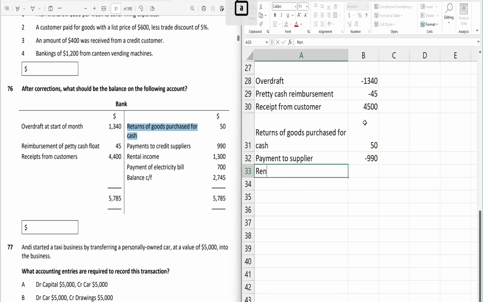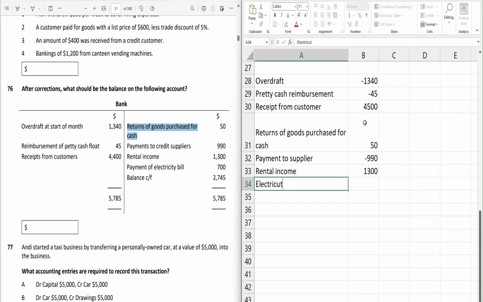Now rental income. They are saying rental income, not expense, right? If it is an expense it will be on the credit side, but they are saying income. So we are receiving it in the bank, and our bank balance will increase. Positive means debit. The amount is 1300. Then next we have payment of the electricity bill.